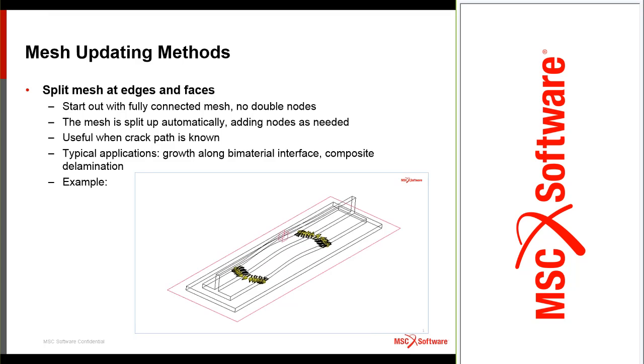If you have a mesh of tetrahedrals, fine enough, you can have different growth directions, but the growth is always restricted to be along element faces in that case. So it's typically used when you have a known crack path. But the shape of the front, like we see here, can change. It goes from straight and the front is curved, but it does not go out of the plane.